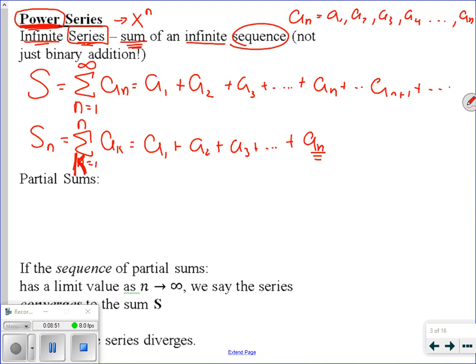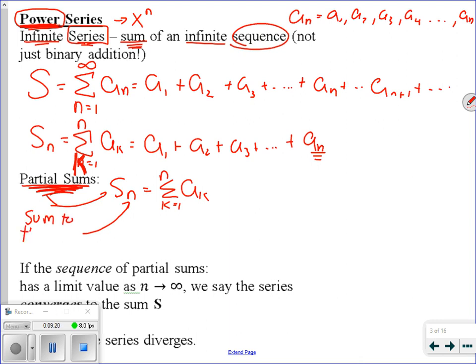Okay? So again, that's called a partial sum, in the form S sub n. It means we take the summation from k equals 1 to some discrete final point of my list of numbers. So this notation right here means partial sum. This n right here means to take the sum to this term. I want to really specify that.